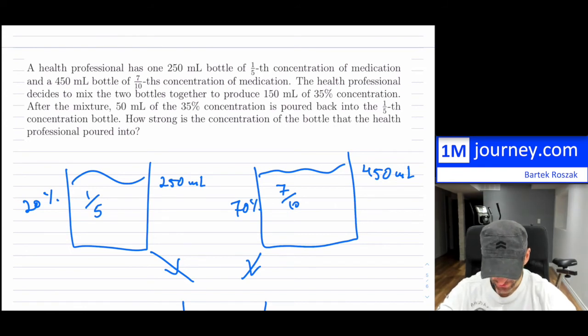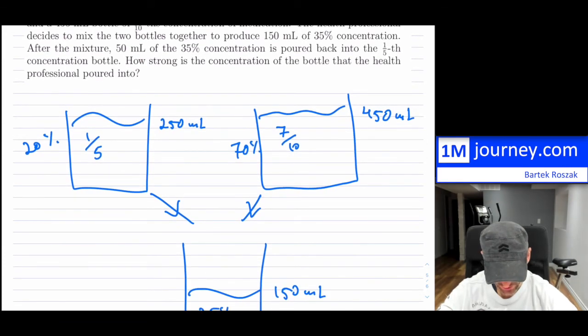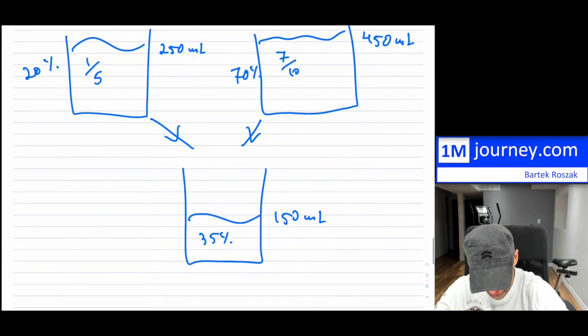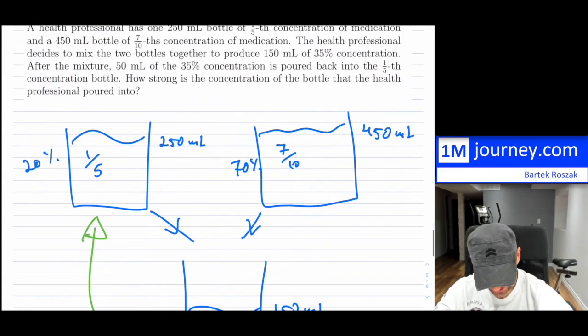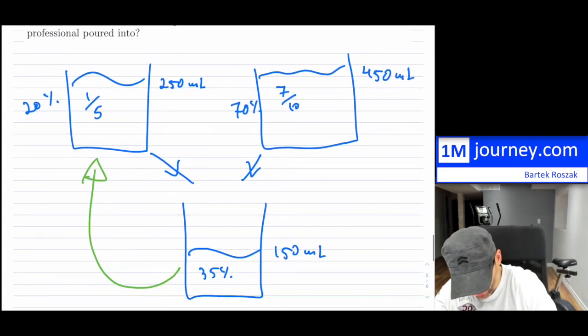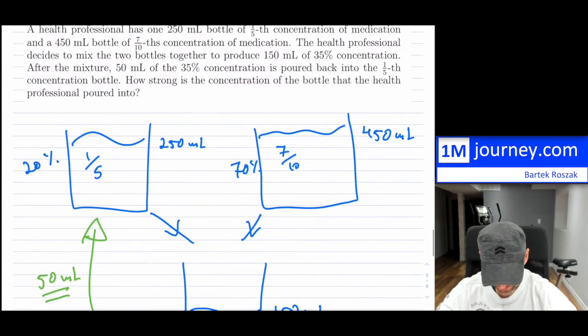After the mixture, 50 milliliters of the 35% concentration was poured back into the 1/5. Ooh, okay. So when we mix this afterwards, we pour it back into there. We pour back 50 milliliters, so that's going to be interesting. How strong is the concentration of the bottle that the health professional poured into?